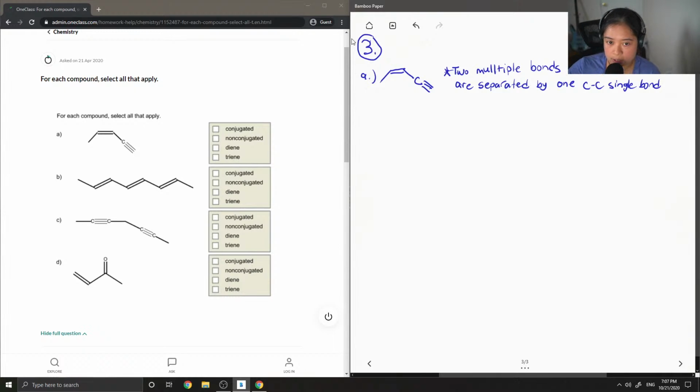So therefore, for this compound, it is conjugated.